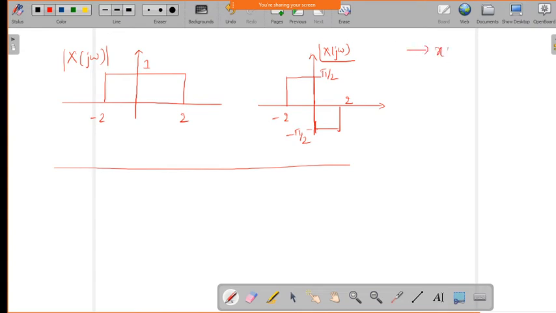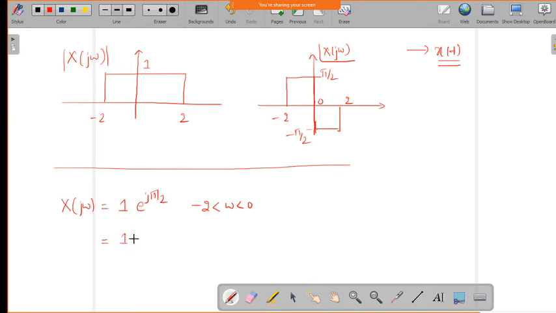Now find out the corresponding x of t signal. So how will we find it? First find out what is x of j omega, which is given by the magnitude and phase values. So we can write the magnitude value which is 1. And from -2 to 0, the phase value is plus pi by 2, that is e power j pi by 2, between omega equal to -2 and 0.